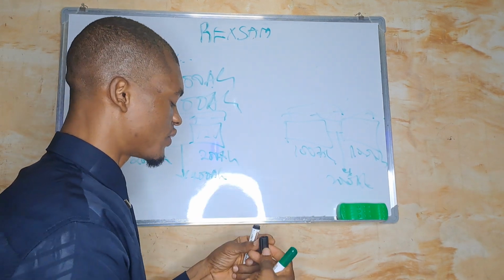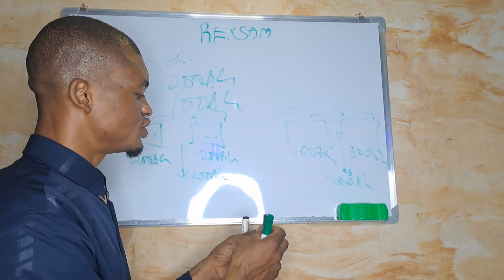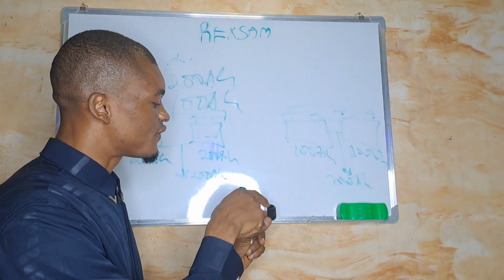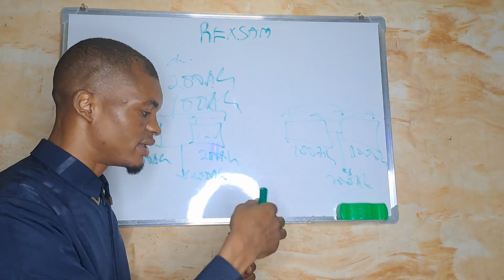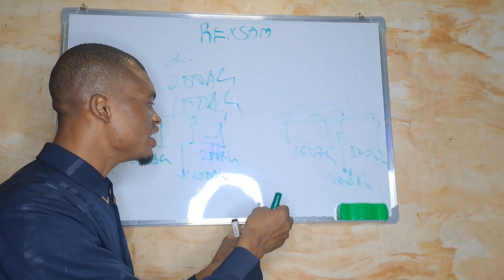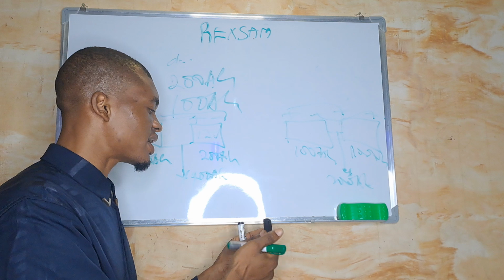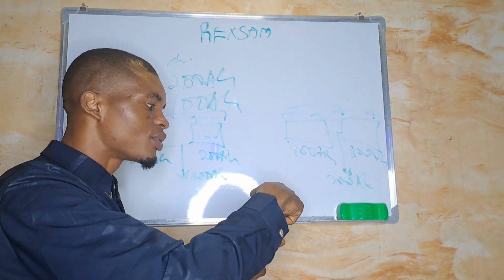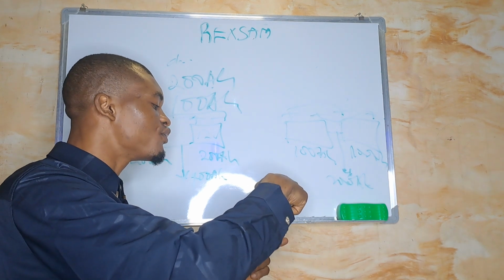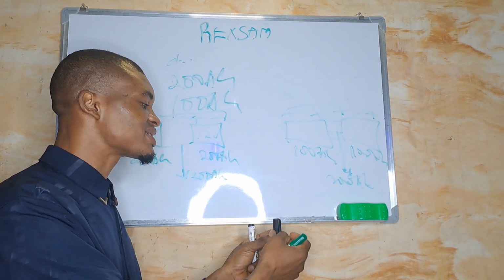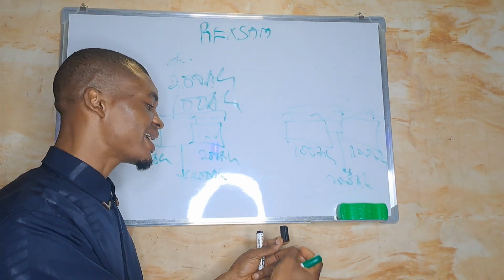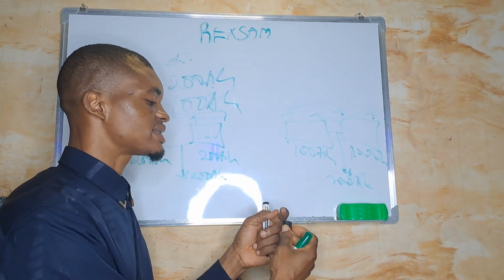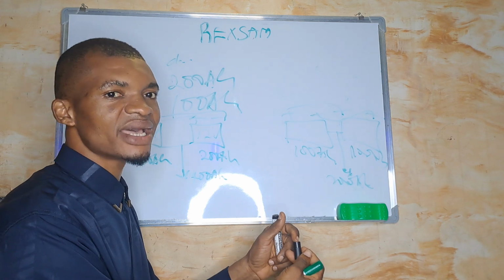For instance, let's assume this is our battery and we have the space for the cells inside. If you are trying to fill in the amperage, which is the current inside, it cannot exceed the container. If you fill it above, the rest of it will become a waste. It can only collect the size that it can hold.